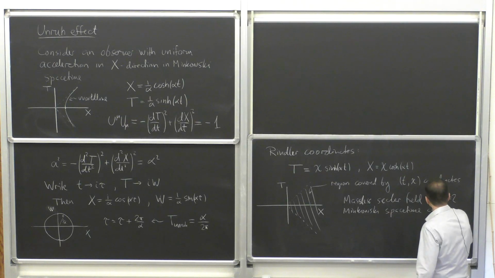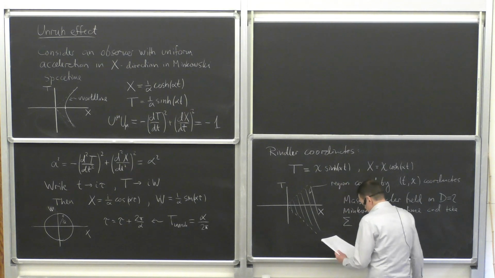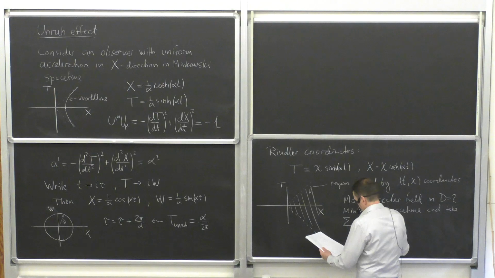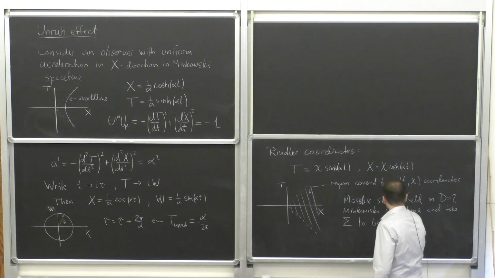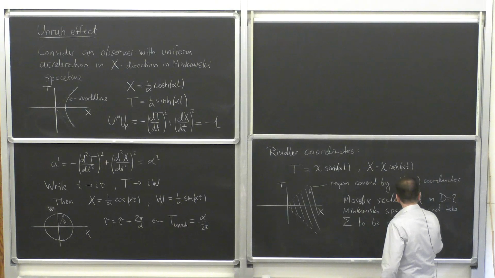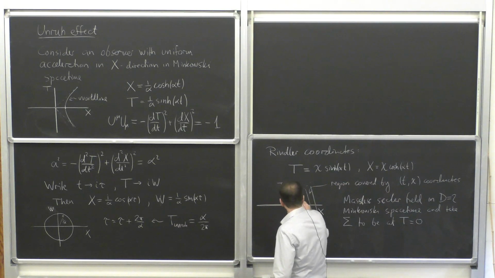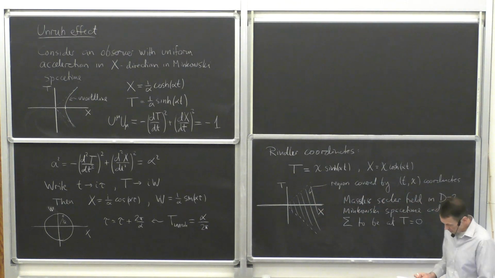And take my initial Cauchy surface to be at capital T equal to 0. So I'm going to take my Cauchy surface to be just the x-axis, and I'm going to divide it into two parts.